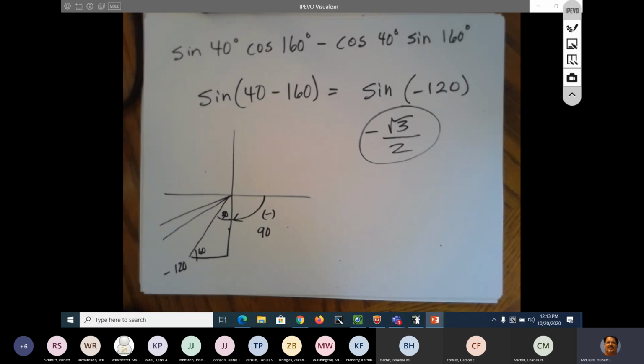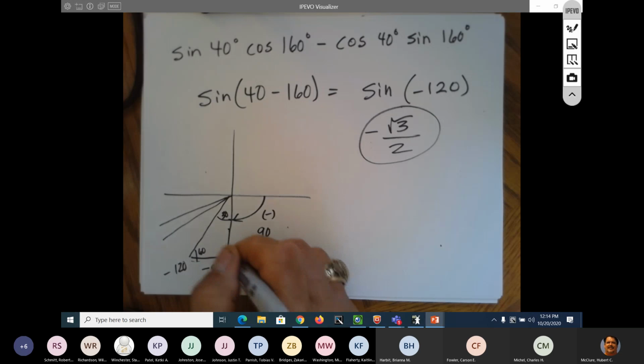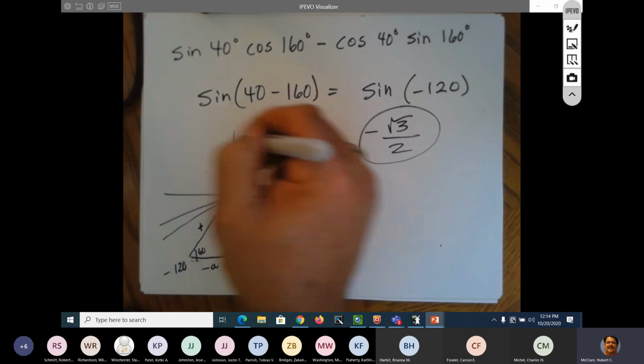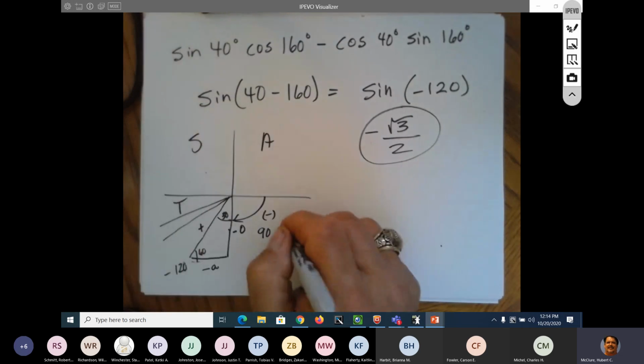So that means that your x is going to be negative, or negative adjacent, and that's going to be positive. And this is going to be negative, and that's going to be your opposite, pretty much. All students take calculus.